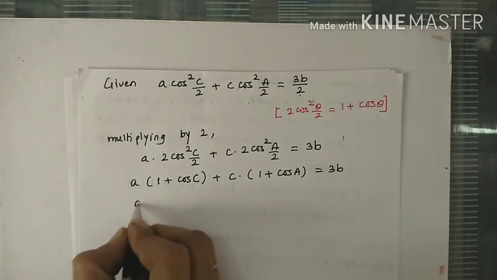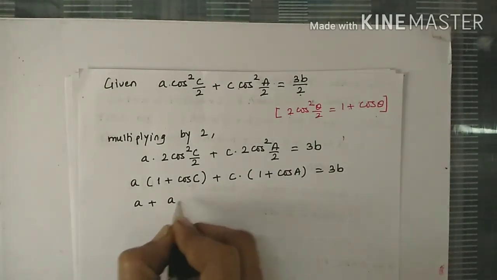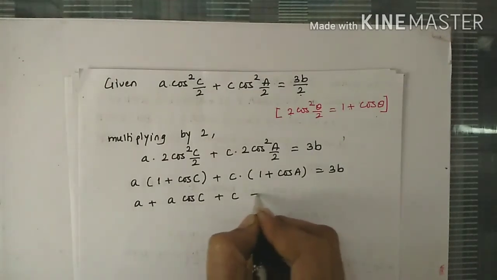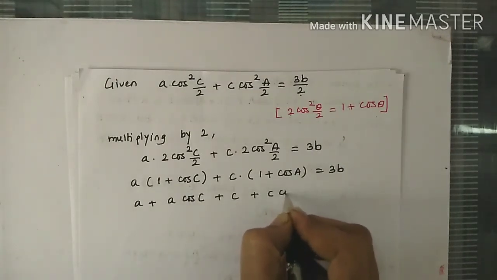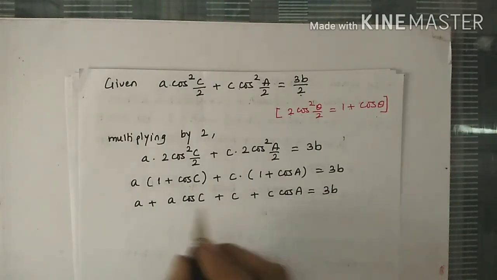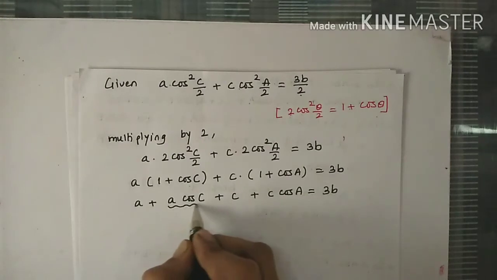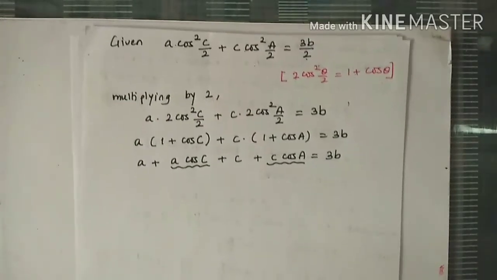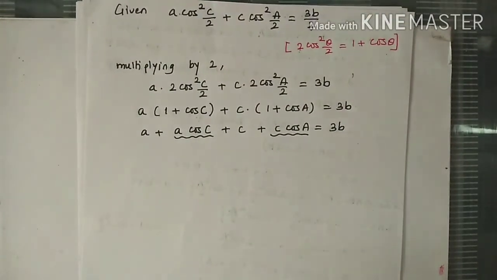Now multiplying this bracket by a, we get a, then a cos C plus c, and c into cos A is c cos A, equals 3b. Now let's write these two terms together. So we will get a cos C plus c cos A, and that by projection rule is small letter b.